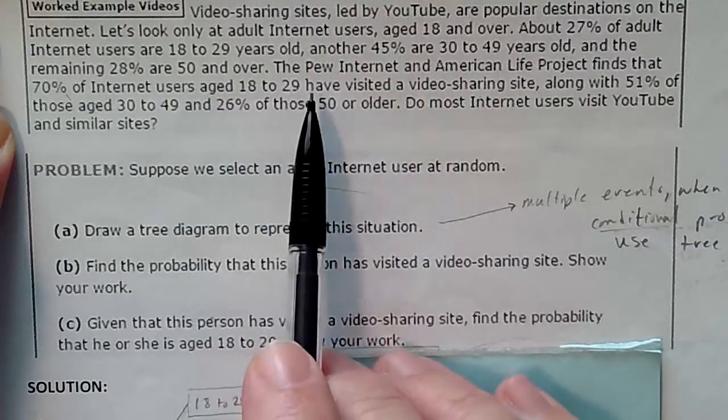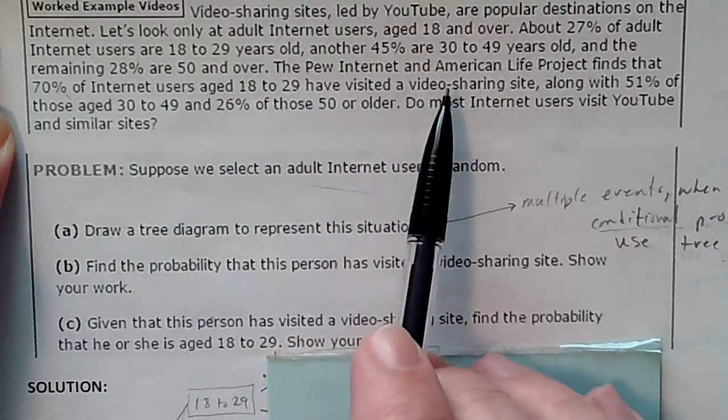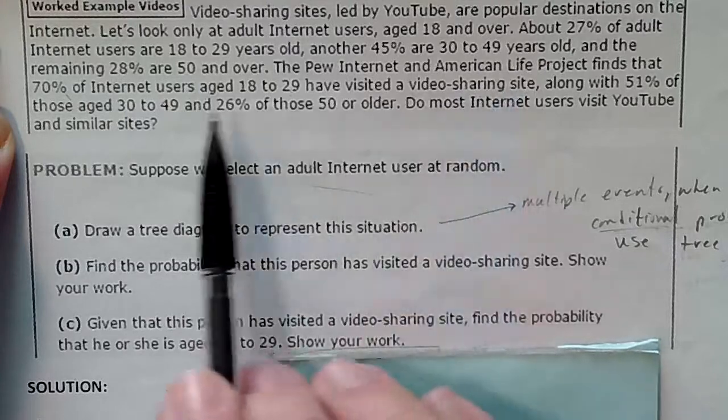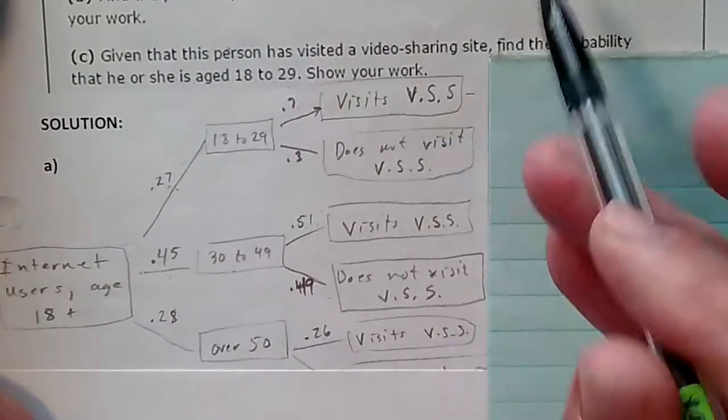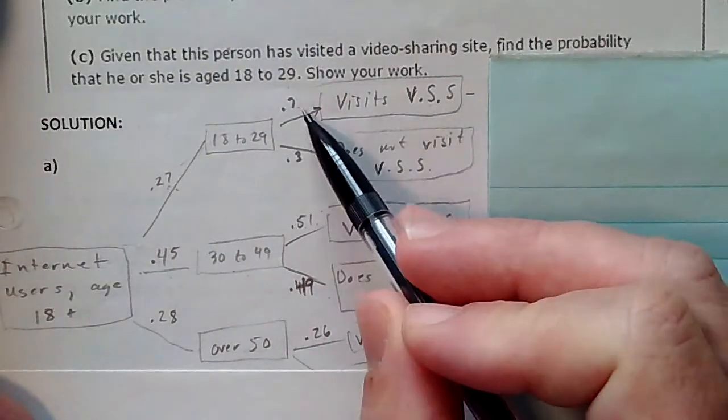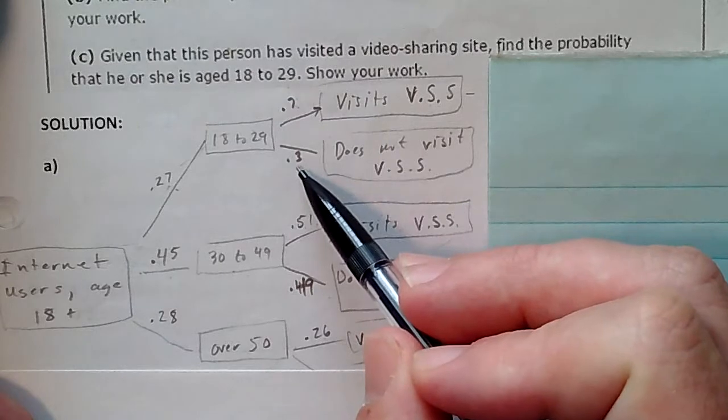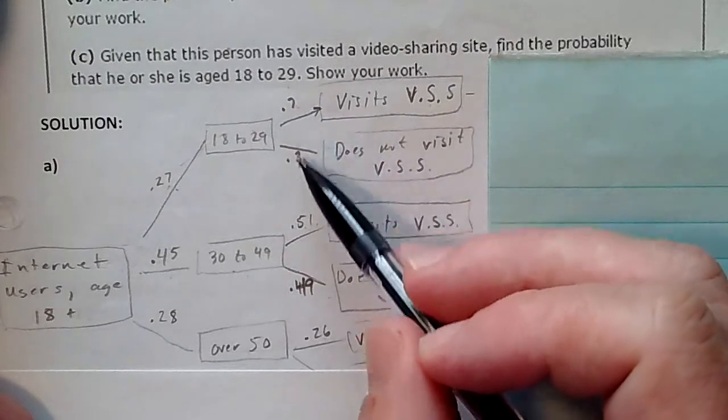Then they went on to tell us that of the 18 to 29-year-olds, 70% have visited a video sharing site. So if 70% of them visit a video sharing site, then we know that 30% do not. They didn't give us that number, but we're using the complement rule here.